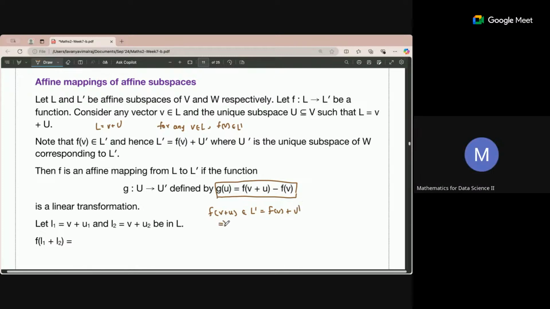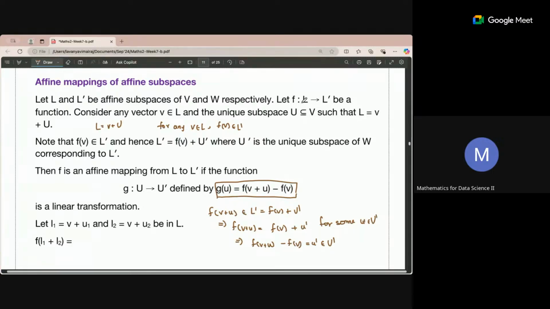So you can write f of V plus U as f of V plus U dash for some U dash in U. Now you see that f of V plus U minus f of V is U dash, an element of U dash. So this function is first of all defined, and if it is a linear transformation, then the given function is an affine mapping.